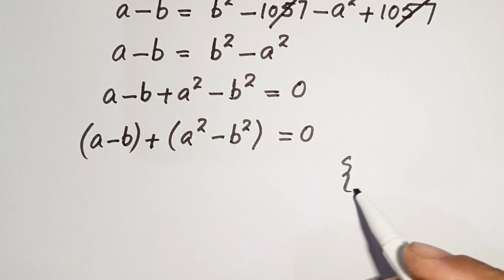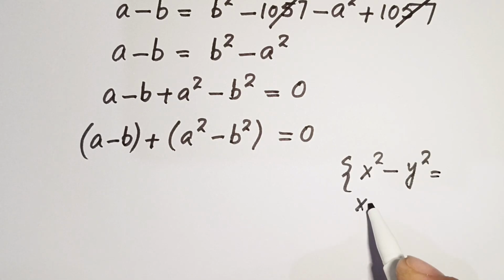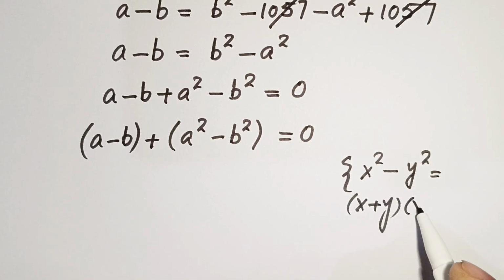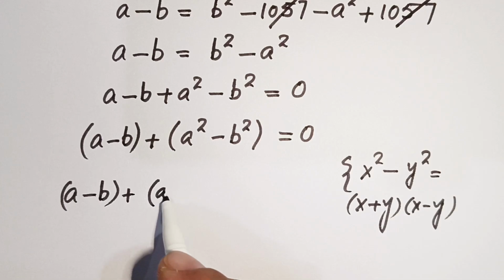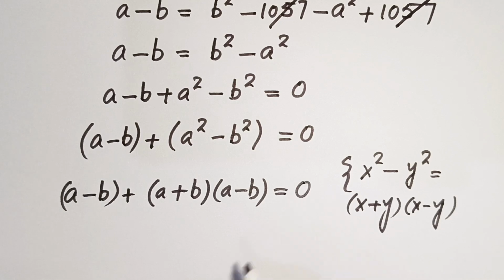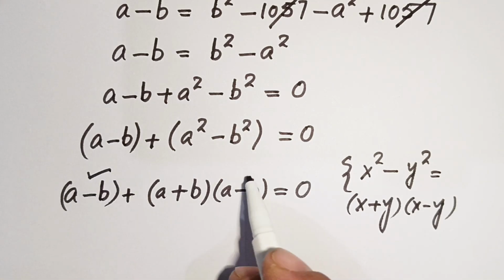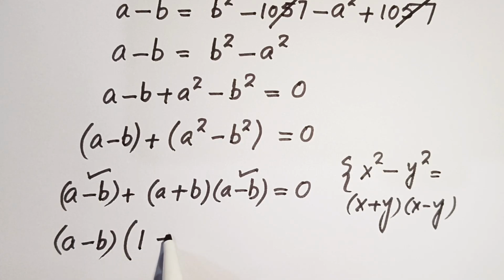As we know by the algebraic formula, x squared minus y squared is equal to x plus y times x minus y. So a minus b plus a plus b times a minus b is equal to 0. Here we see that a minus b is a common term, so we take it common outside the bracket, and we have a minus b times 1 plus a plus b is equal to 0.